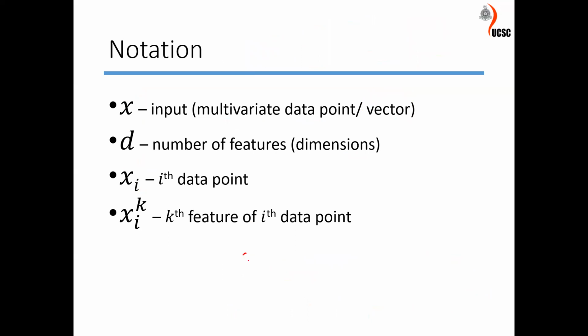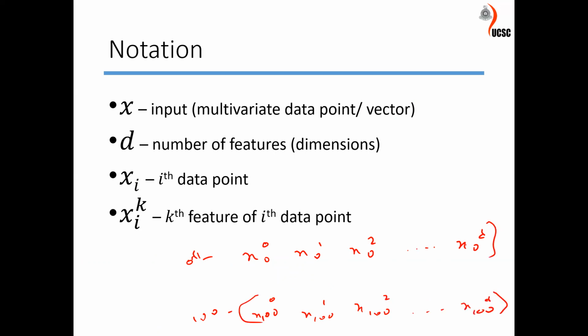So it's starting from x00, x01, x02, up to x0d. So this is 0. Then if you consider 100, x100, x101, x102, up to x10d.